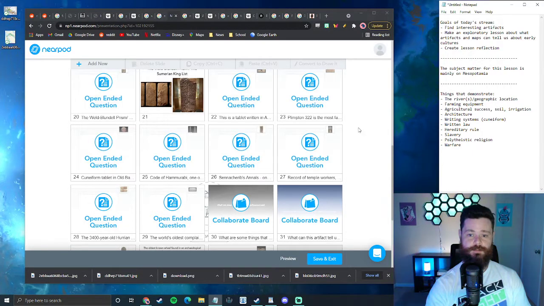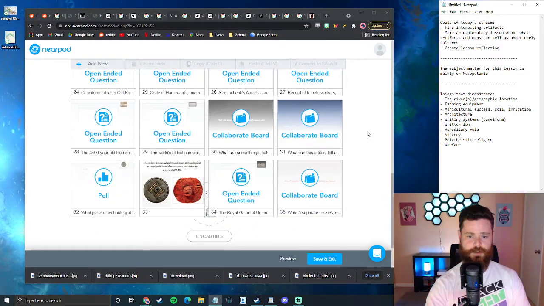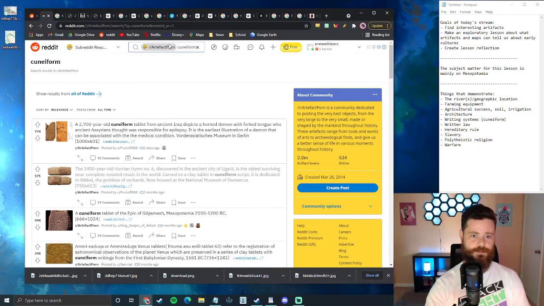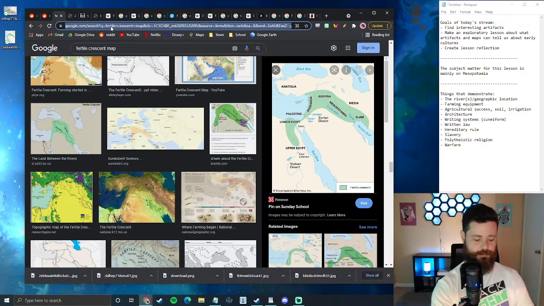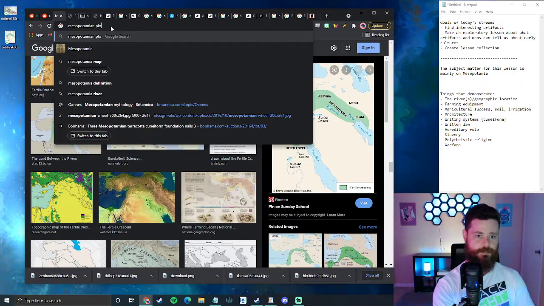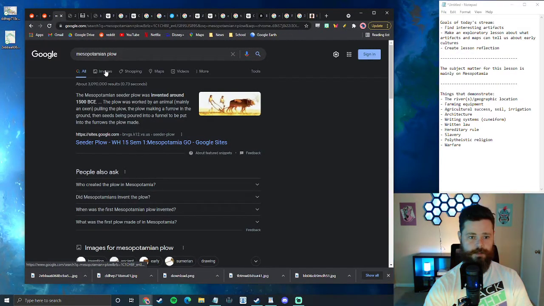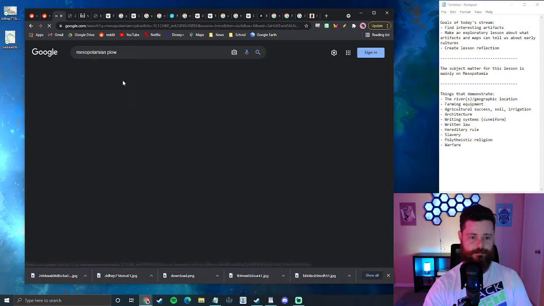Farming equipment. Let's see. We didn't really talk about equipment. Let's see if we can do a plow? Let me just add that. Mesopotamian. We did the wheel. Okay, Mesopotamian plow.